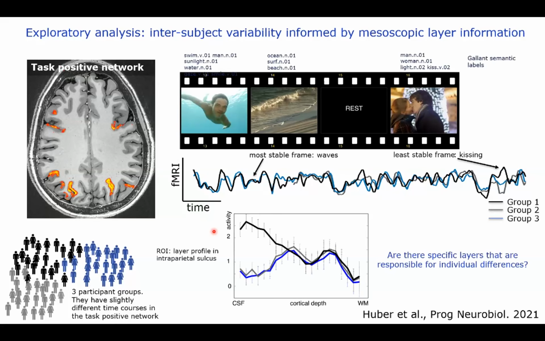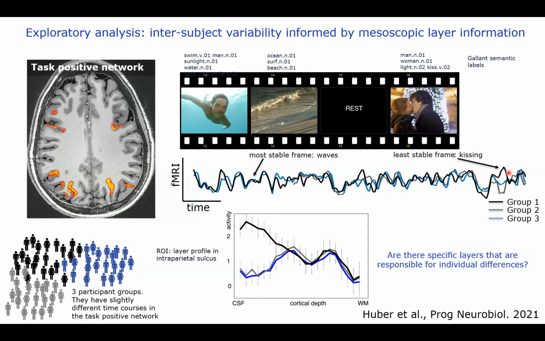The basic idea is that when people are watching these movies, there are some periods where they have very stable inputs in the low visual areas, but there are also some scenes involving very subject-specific cognitive behaviors. So in the HCP data, they break the subjects into three different groups.